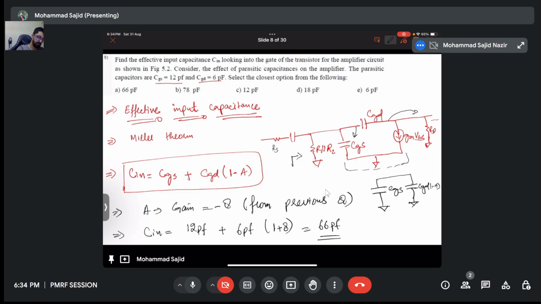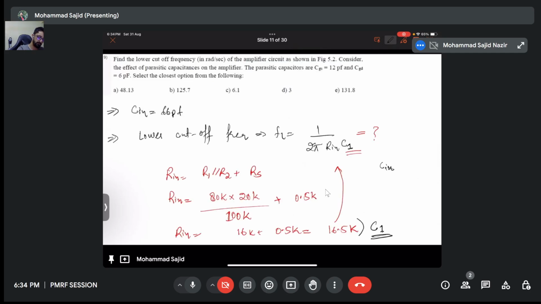Just look here. For C input, we have RS like this, then R1 parallel R2, and I have a capacitor C input. So it is actually R1 parallel R2, that is 16K. Let me call the resistance R effective.